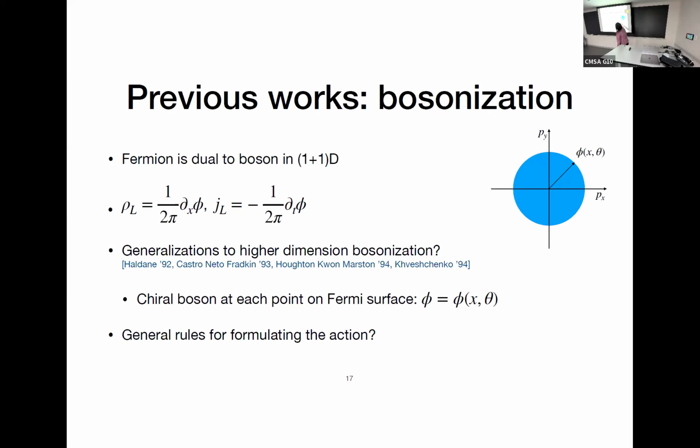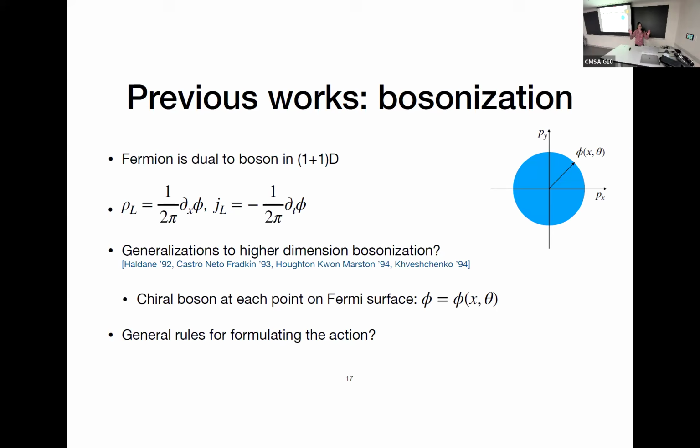People have been thinking about this. In that kind of work, there are chiral bosons at each point on the Fermi surface, because we have the patch theory. To visualize how we can think about this kind of problem, for example, we have a 2-dimensional system like the figure here.